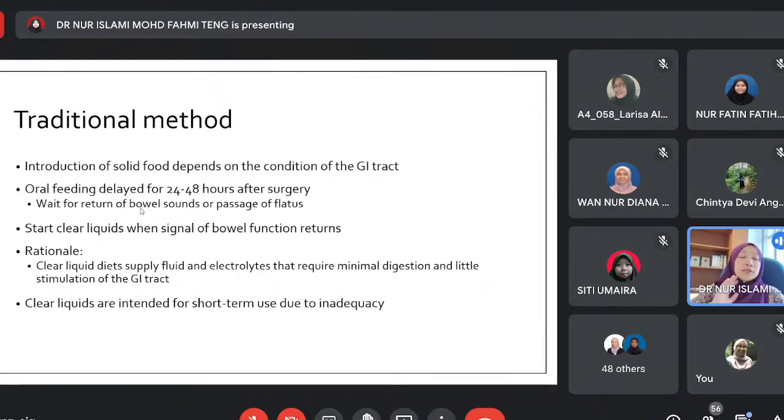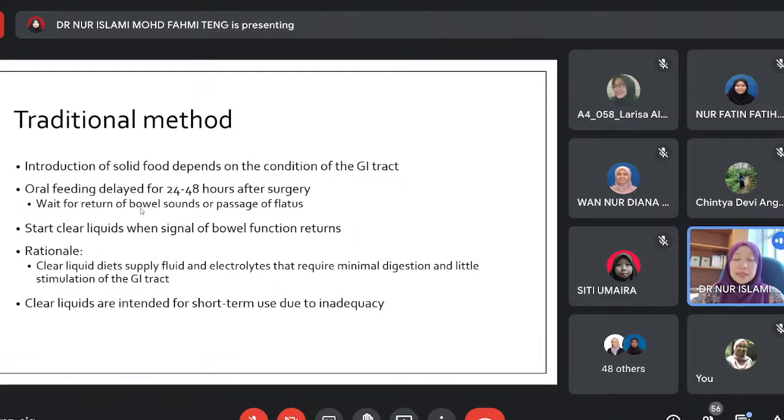Okay, so this is a traditional method. Ini untuk post surgery. So introduction of solid food depends on the condition of the GI tract. Oral feeding might be delayed for 24 to 48 hours after the surgery, and they wait for return of bowel sounds, or passage of flatus.